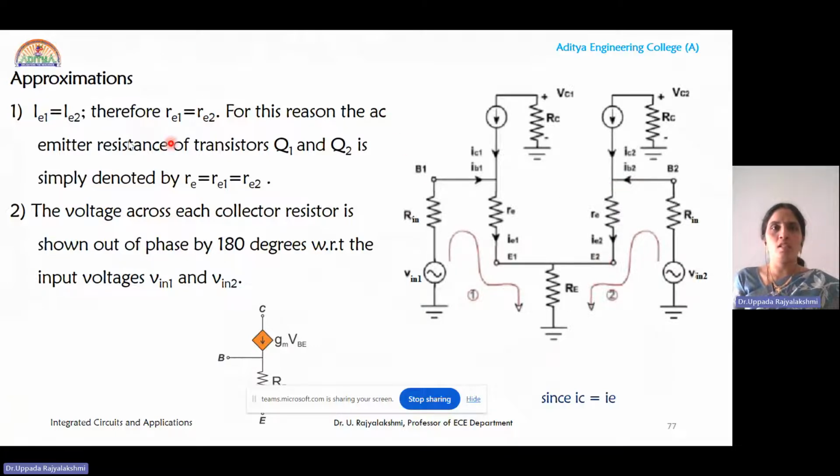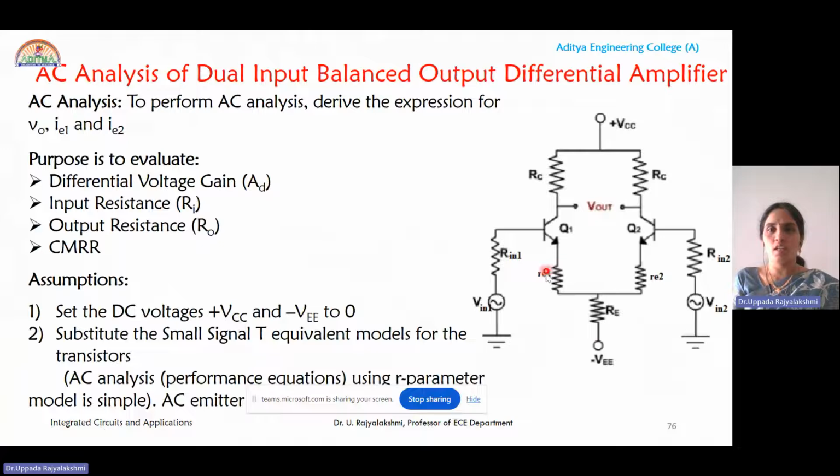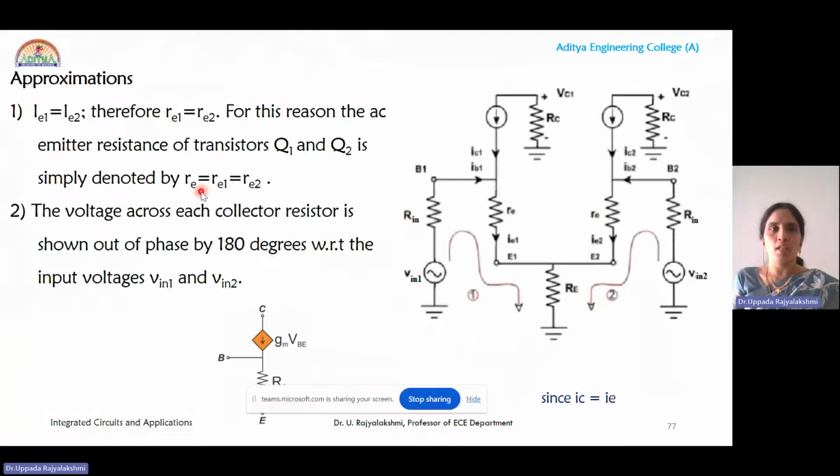So the AC emitter resistances of both the transistors Q1 and Q2 are also identical. So that's why we have replaced re1 equal to re2. Instead of re1 and re2, we have replaced it as small re because both are identical.